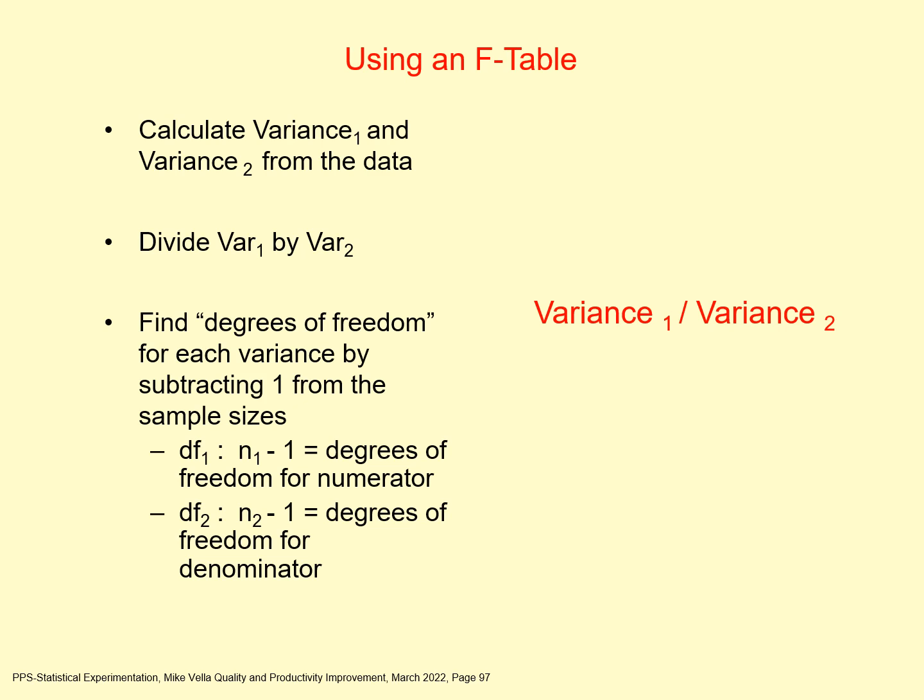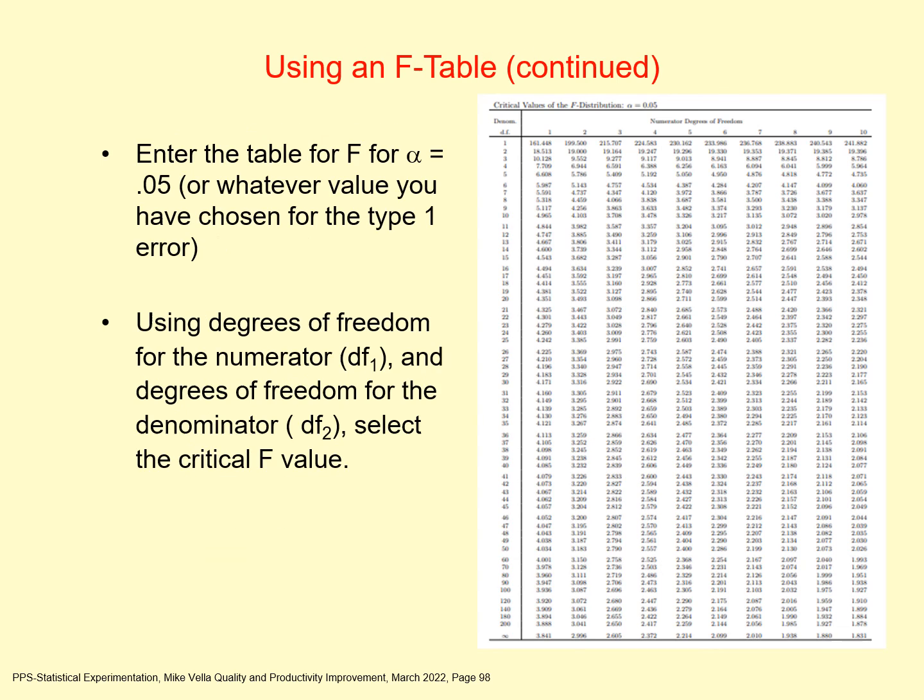Degrees of freedom 2, n2 minus 1, is the degrees of freedom for the denominator. Variance 1 divided by variance 2. So we enter the F value for alpha 0.05, or whatever value you have chosen for the type 1 error, and using the degrees of freedom for the numerator, df1, and degrees of freedom for the denominator, df2, we're going to select the critical F value.